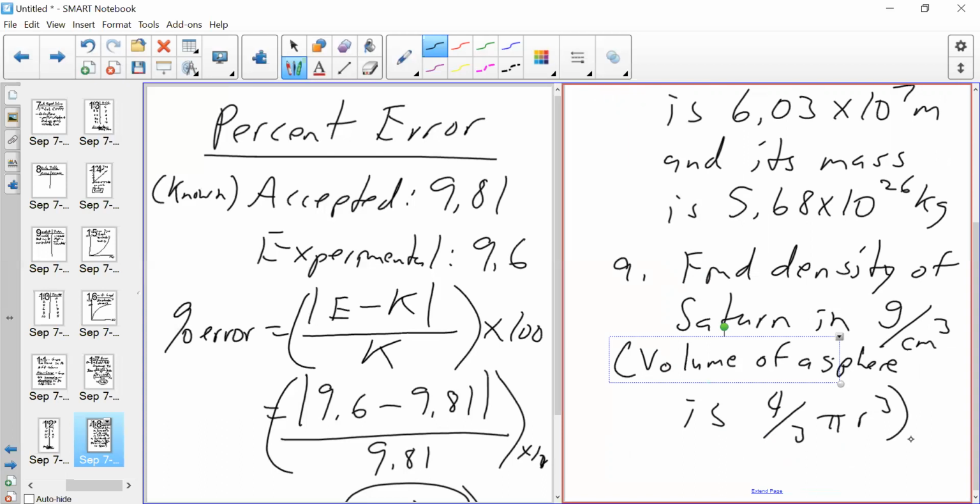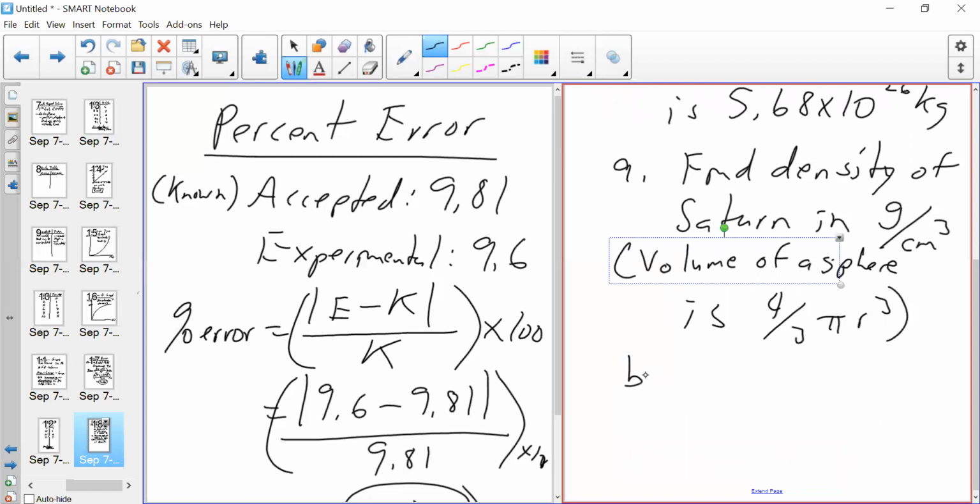I'll just let you have a stab at that one because there's a part B, but we'll leave that one out. Part B is find the surface area of Saturn in square meters. That might be a little easier because then you don't have to do any conversions. I'll put it up there just in case, you're all smart.